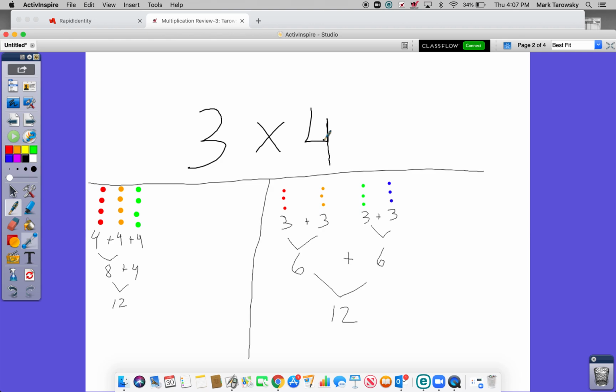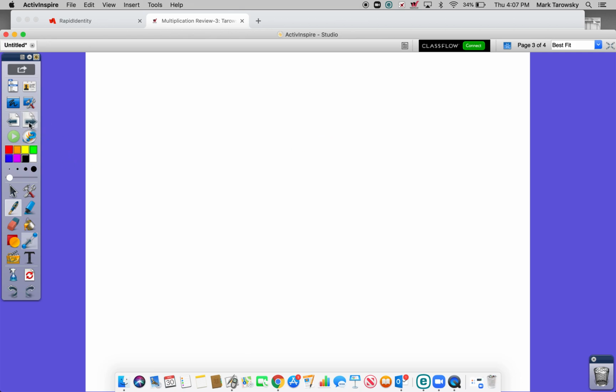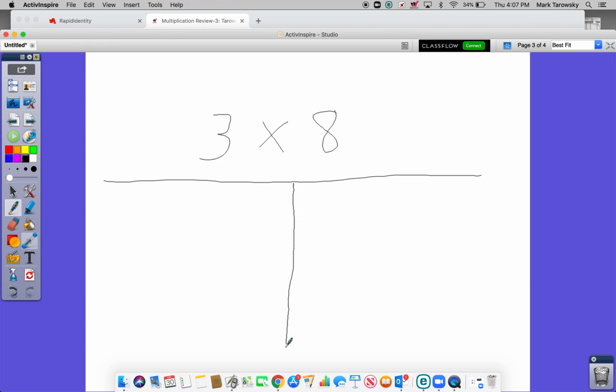Sometimes having more groups of something is difficult, so you might just really need to think about what works best for you. This is an example of that. Let's say I had 3 times 8. Now, in thinking about 2 ways to do this, we could do 3 times 8. We could do 8 times 3.